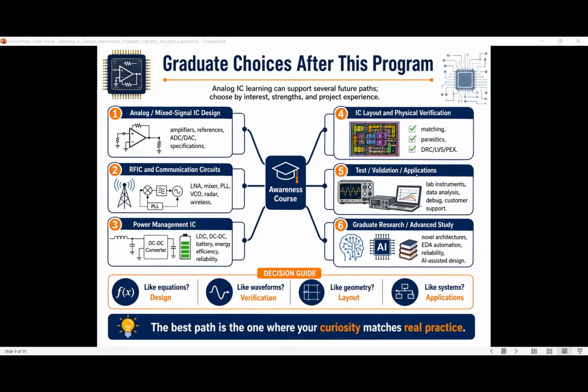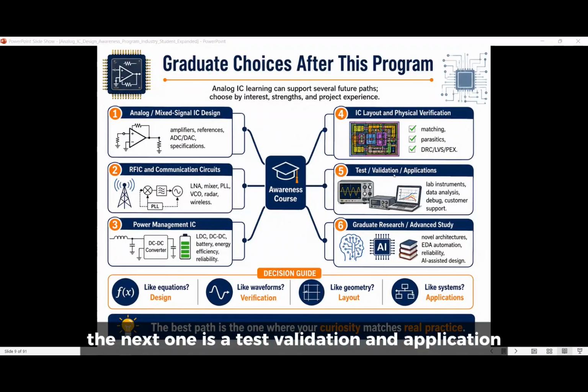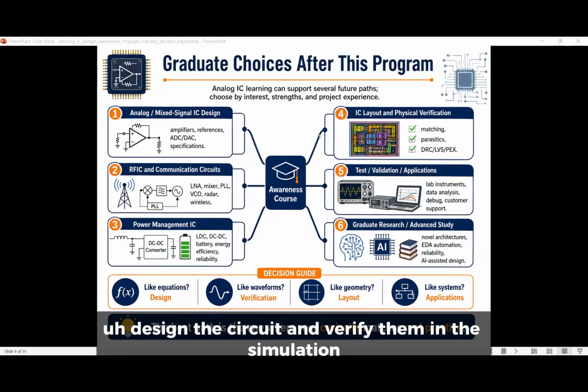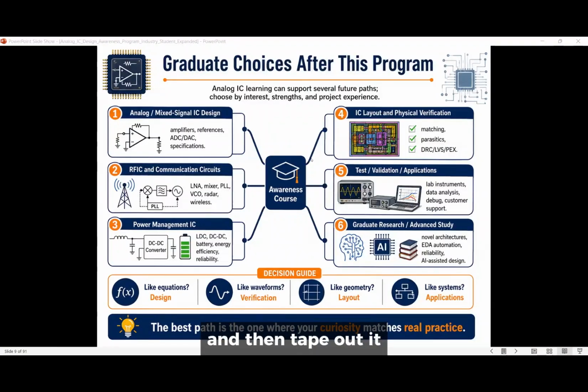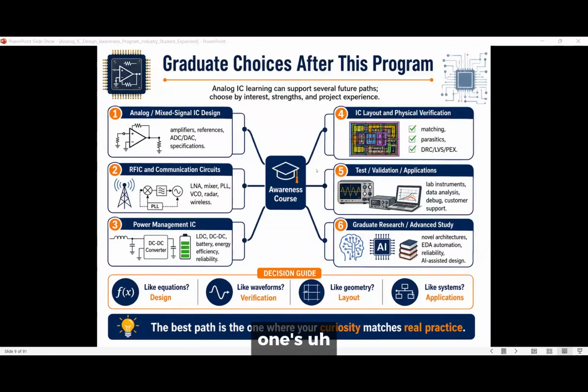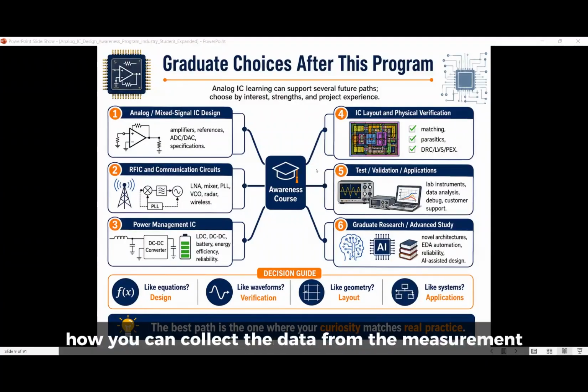The next one is test, validation and application. This refers to testing, the measurement. After you have designed the circuit, verified it in simulation and taped out, the final step is to measure it. This tests your measurement ability and how you collect data.